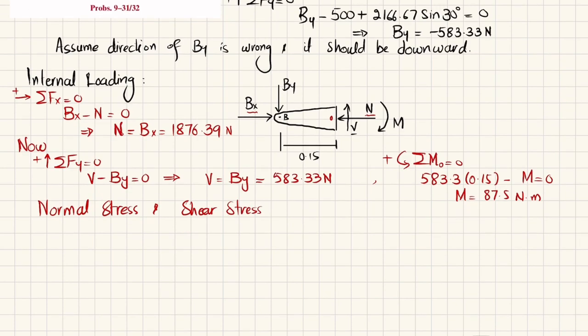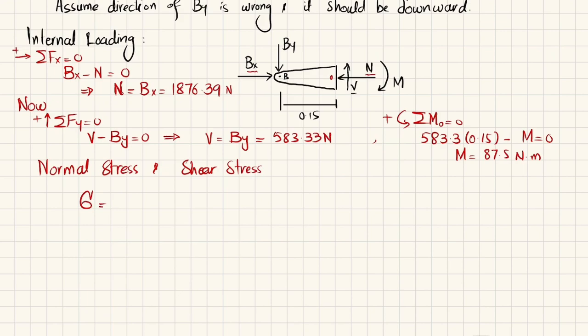Normal stress, which is represented as sigma, will be the combination of the normal stress due to this compressive load, which is equal to minus N by A, plus the stress due to this moment. Clear? This moment due to By will bend the beam like this.